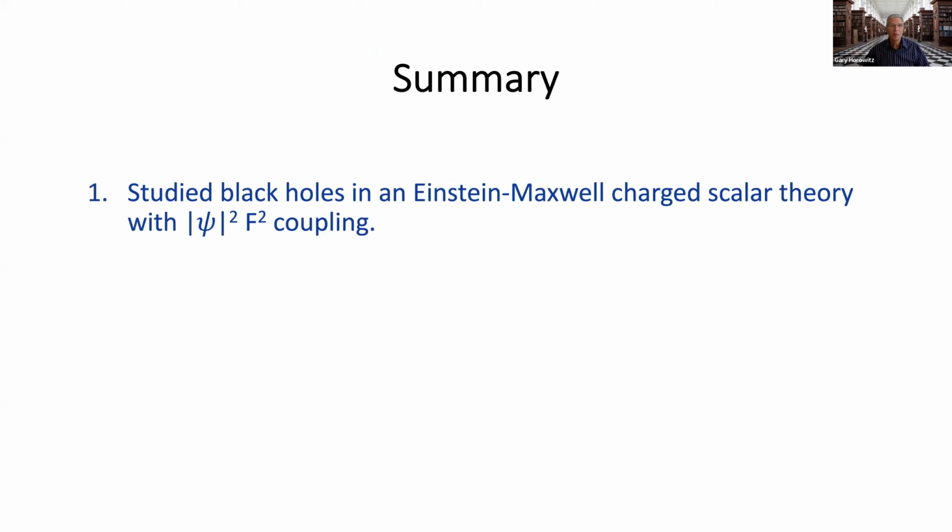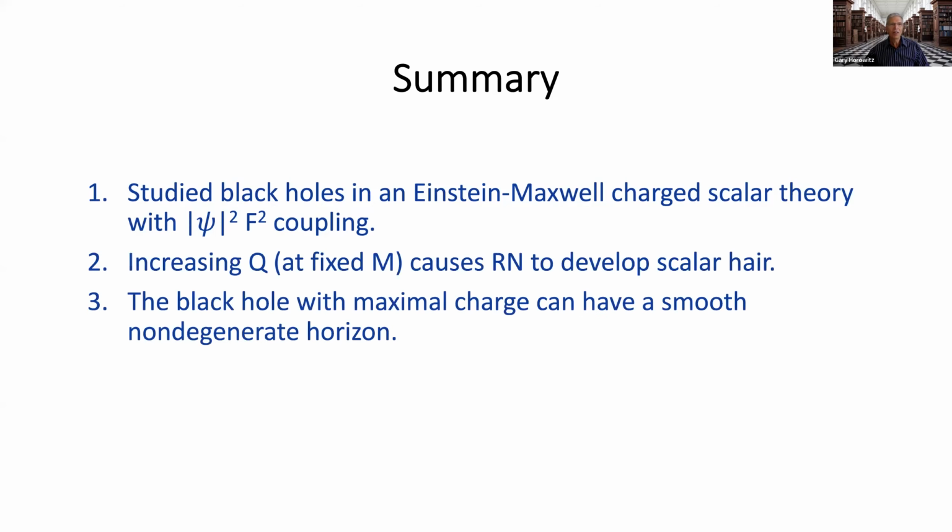Okay, let me conclude. We studied black holes in an Einstein-Maxwell charged scalar theory with a new f squared psi squared coupling. We saw that increasing Q at fixed mass causes the Reissner-Nordström solution to become unstable and develop scalar hair.